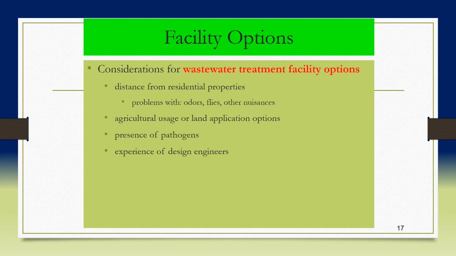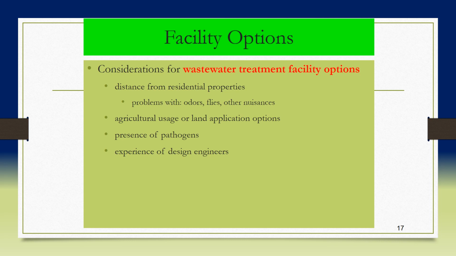And then distance from the resident properties. So ni kita kena cari juga, kalau kawasan kilang tu dekat dengan perumahan, kita nak buat kita punya wastewater plant tu sebelah rumah orang tu, memang tak boleh lah, sebab ada masalah-masalah lain, bau kan, lalat, bunyi bising lagi.